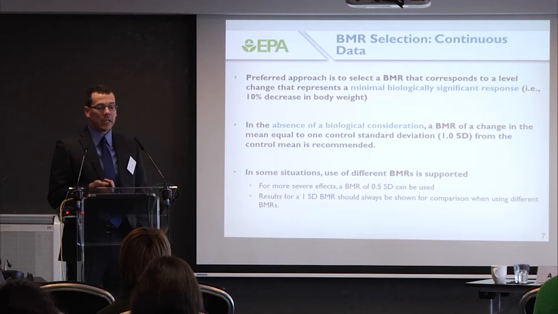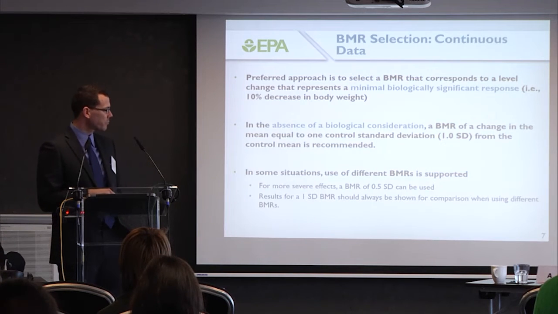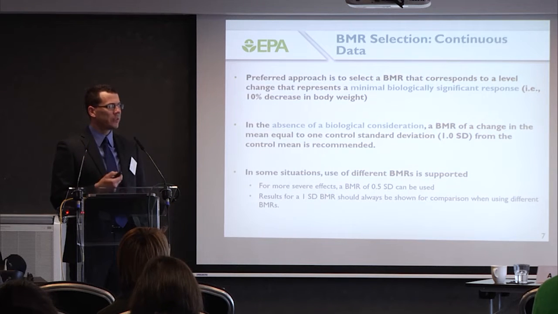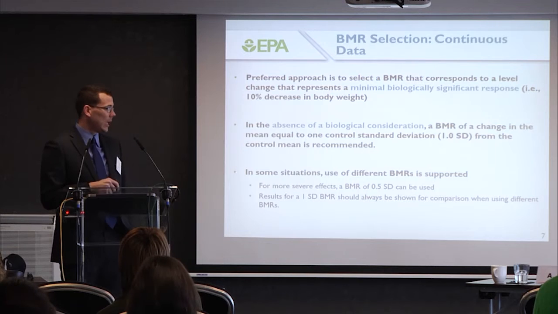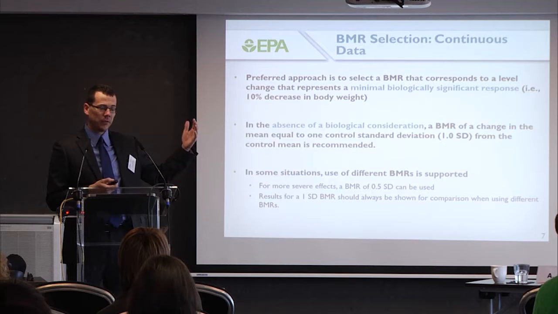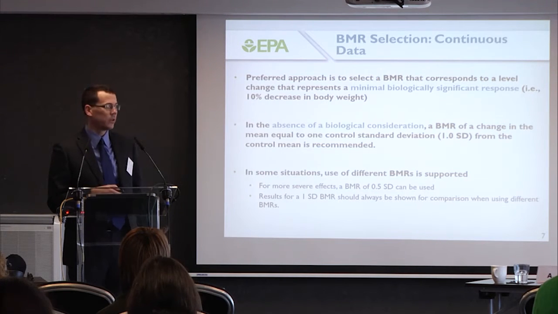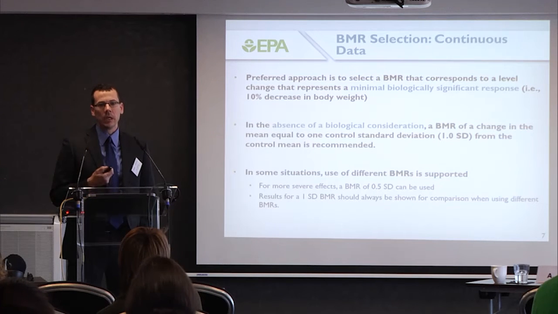And in that case, the EPA recommends the use of a BMR equal to 1 standard deviation of the control mean. And that was recommended previously because the use of that BMR will reflect the variation in the measurement of that endpoint. It is true that a BMR based on a standard deviation from one study is going to differ from a reported standard deviation for the same endpoint in another study, because the standard deviation not only incorporates information about the natural variation of that endpoint, it incorporates experimental error.